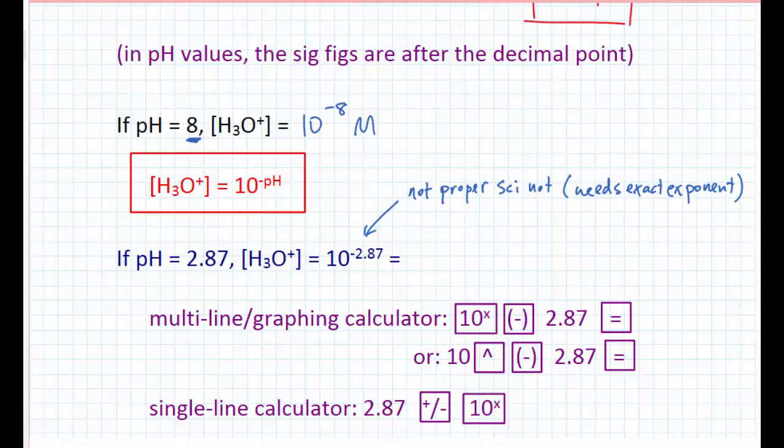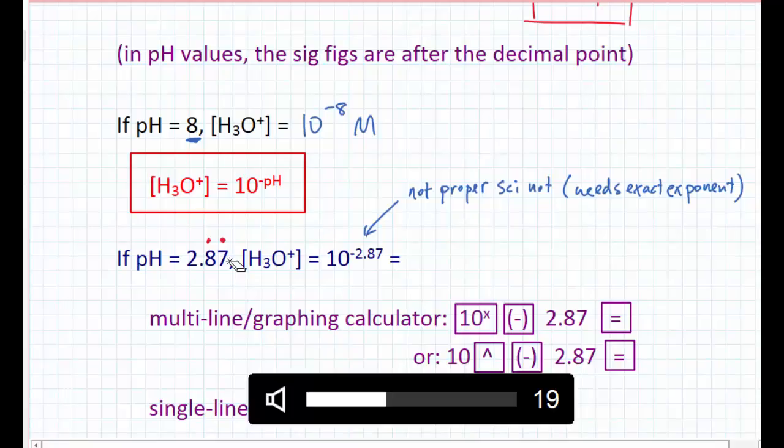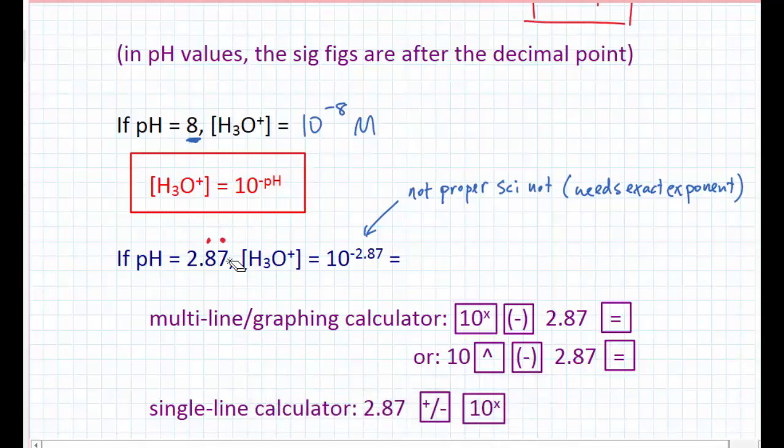Now, the issue here is that we're starting with the pH. So remember, the sig figs are already over there after the decimal point. Remember, pH values, the sig figs are after the decimal point.